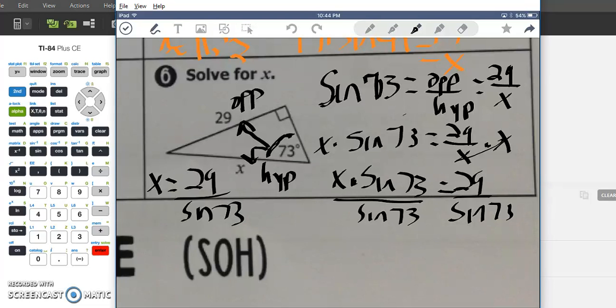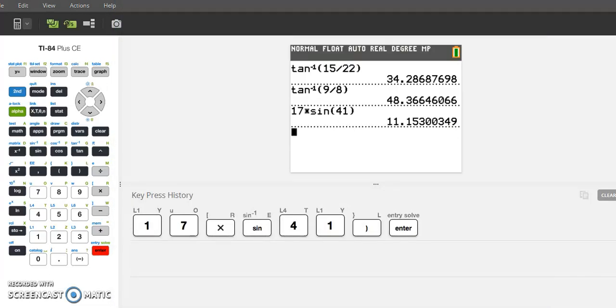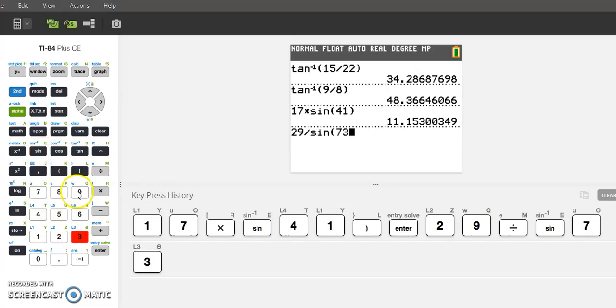So that's what you're going to type into your calculator. Okay, so we have 29 divided by sine 73. Close the parentheses, hit enter. Okay, so we end up with approximately 30.3.